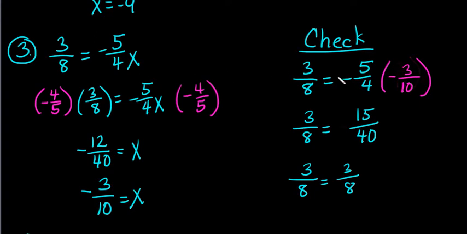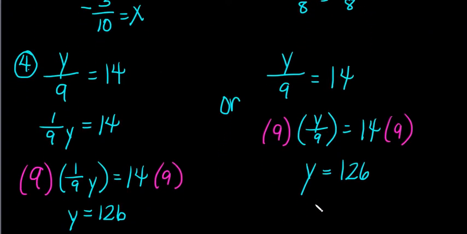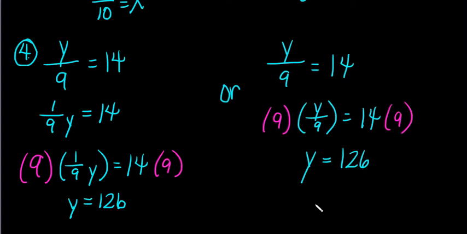And when I do that and multiply it all out and reduce it, I see that it does equal 3/8. Voila! Here's another example, and another reason why I'm showing you this as multiplying by the reciprocal fraction instead of just dividing. You might see an equation that says y over 9 equals 14.